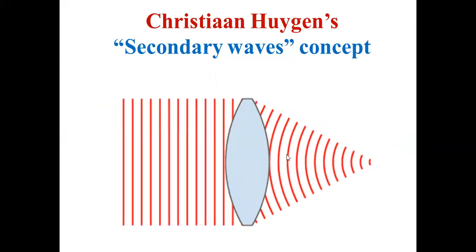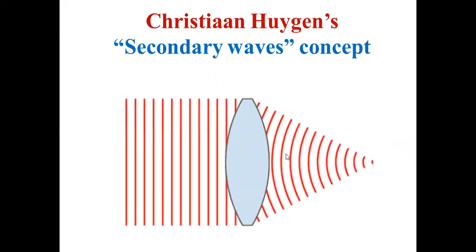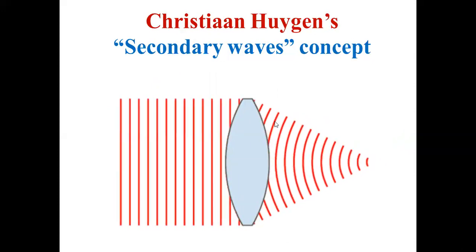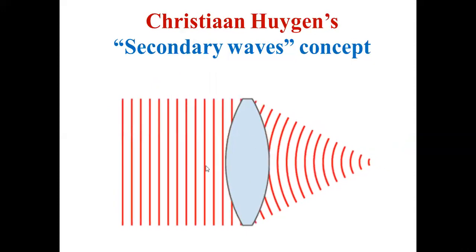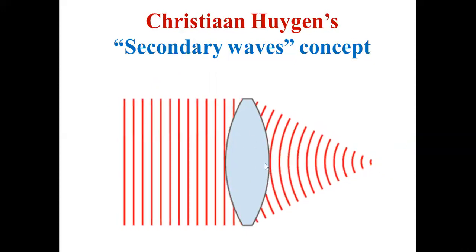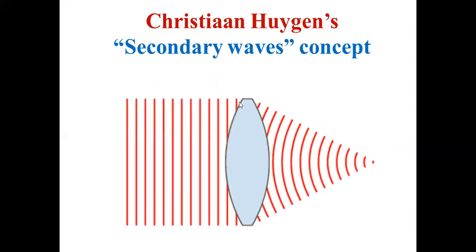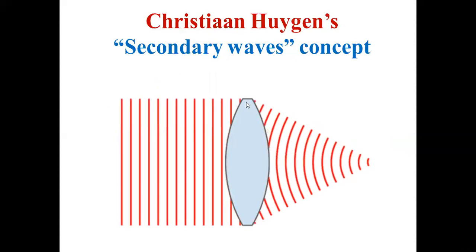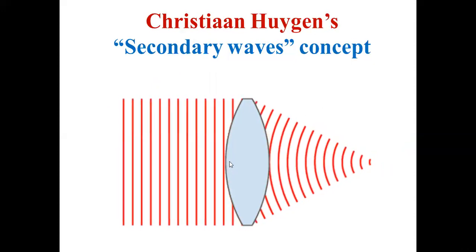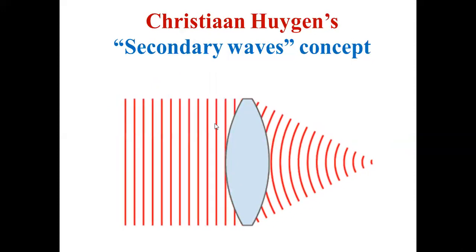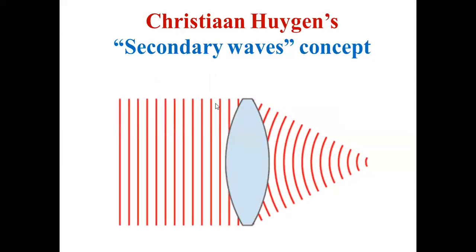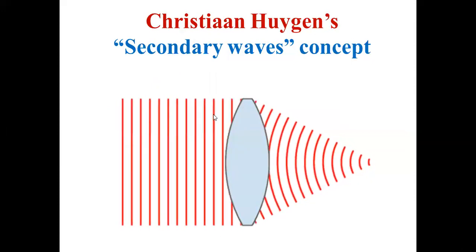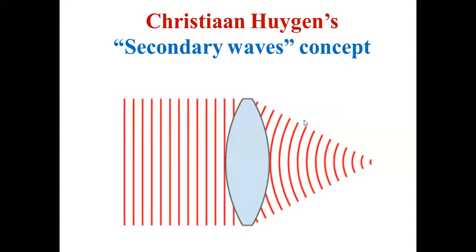Okay, and this is another one, we have discussed it in the previous class. When a plane wavefront falls on a lens, the waves which enter here have to travel more in glass, whereas here they have to travel less. So these waves move forward much more than these waves. So these waves lag behind. So those parallel rays, or the plane wavefront which we call, by the time it reaches here, it will be bent like this.